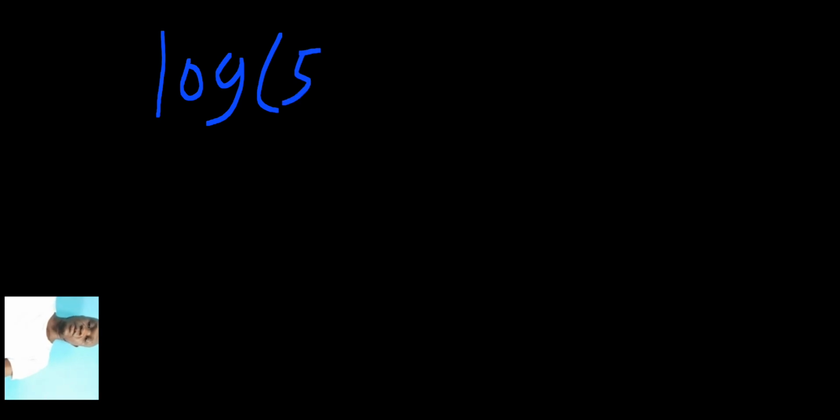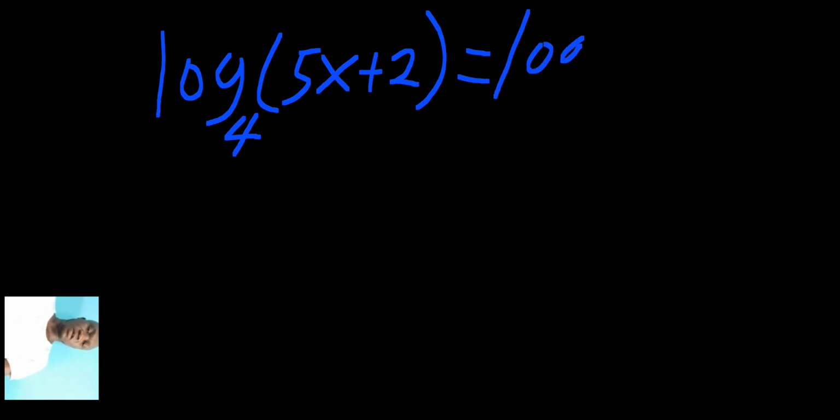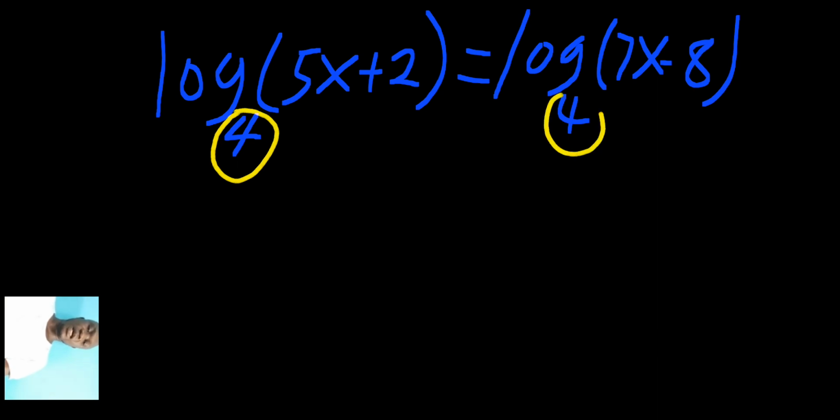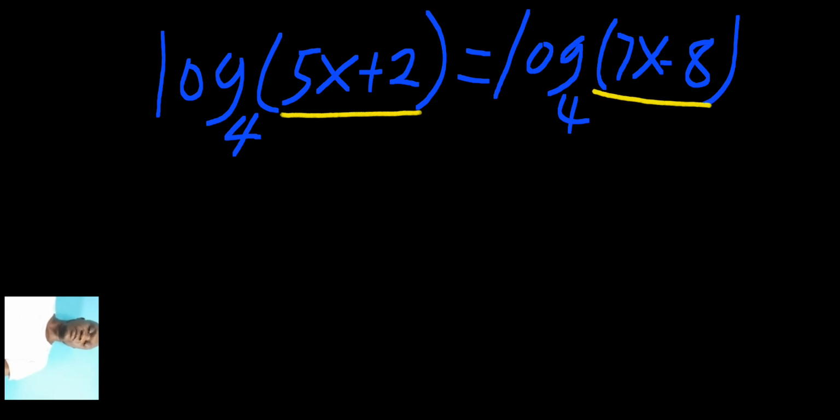Let's try another example. We have log of 5s plus 2 to base 4 equals log of 7s minus 8 to base 4. If you have work like this, if the bases are the same, then whatever you have here is also equal to whatever is here.